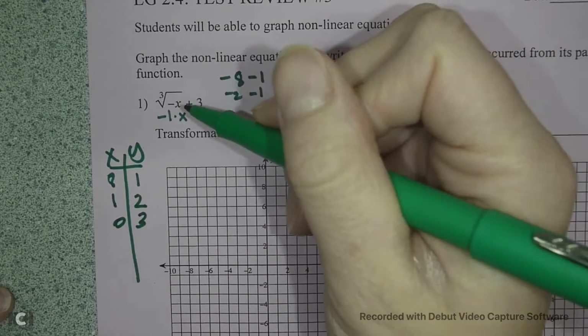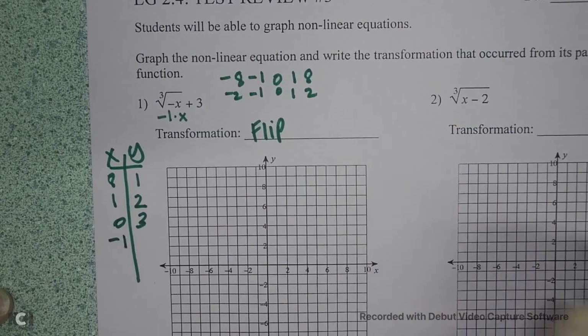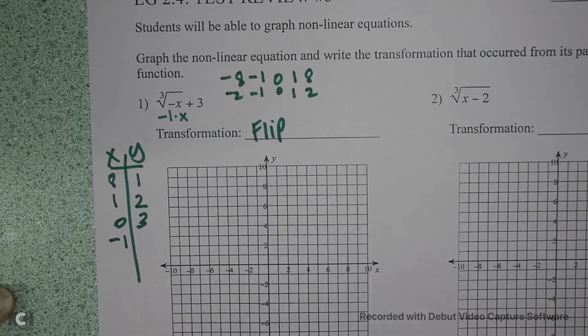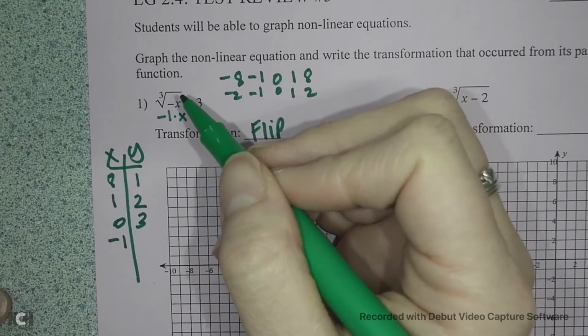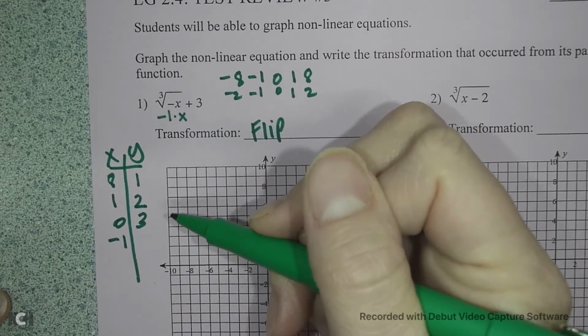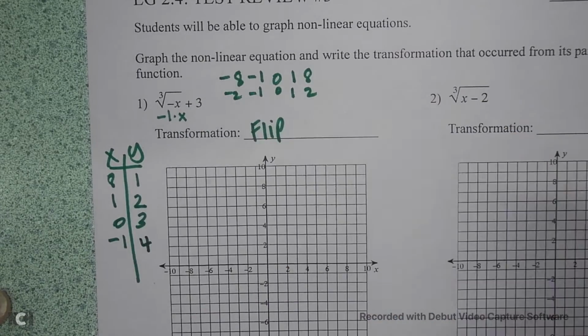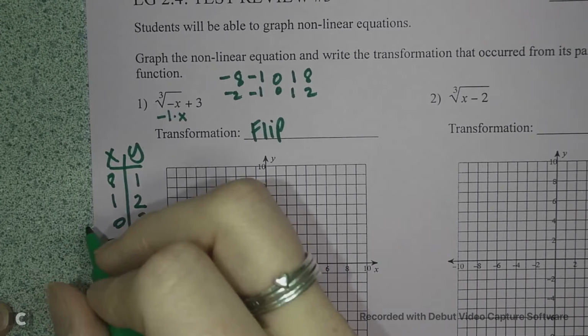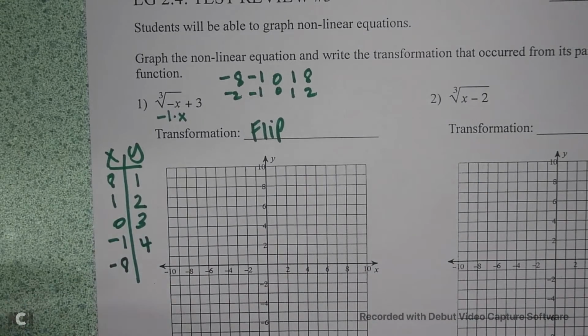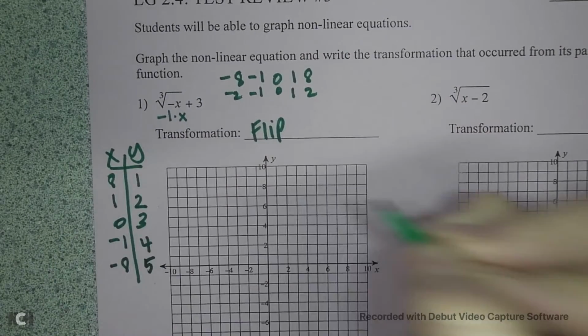Then I want to get a +1, so that would mean I would have to multiply by a -1. And that will give me the cube root of a +1, which will be 1 plus 3, which is 4. And then I want to get a +8, so that means that this guy would have to be a -8. -8 times -1 is +8, and the cube root of +8 is 2, and 2 plus 3 is 5.